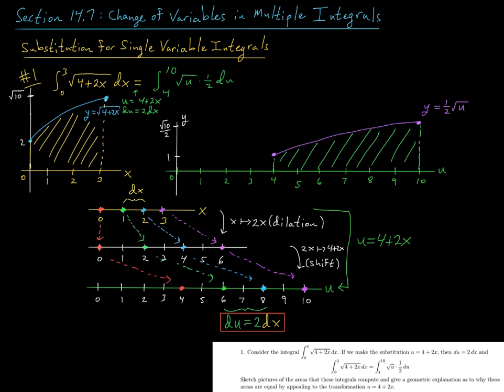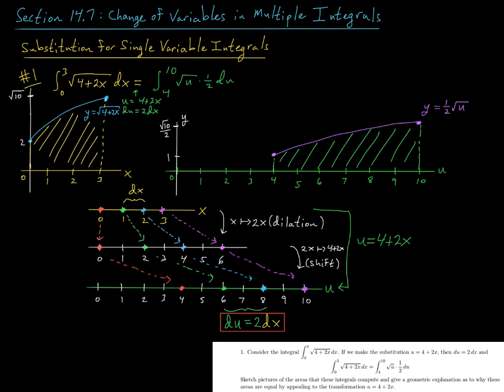And really that relationship of du equals 2 dx is due to the dilation. The shift won't actually affect lengths on the interval, but the dilation does. And so that really is what this differential computation that we made up here says about the effect on the number line that this transformation u has.